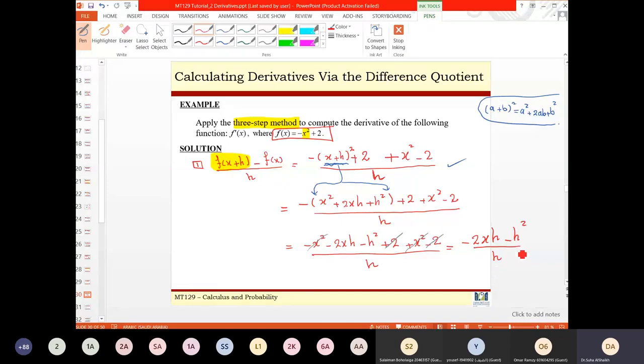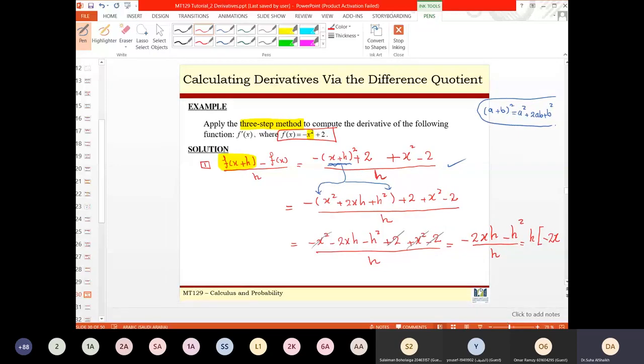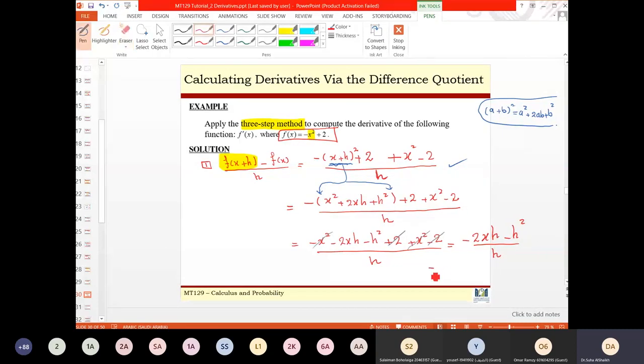From the top, I can take h as a common factor. Let me write it here. From here, we take h as a common factor.